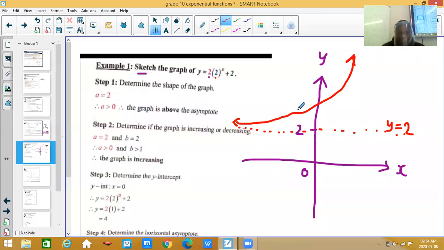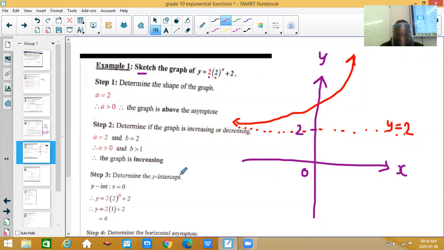Determine if the graph is increasing or decreasing. It is increasing because the base here is a positive whole number, not a fraction. Right. Now, this one we are done.